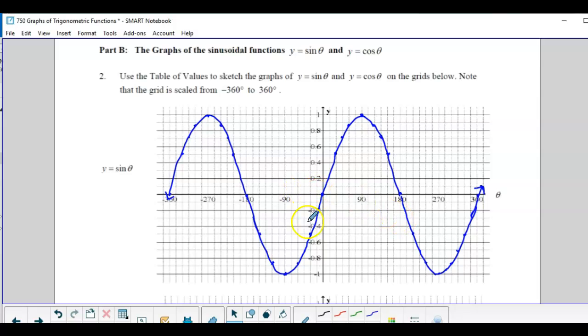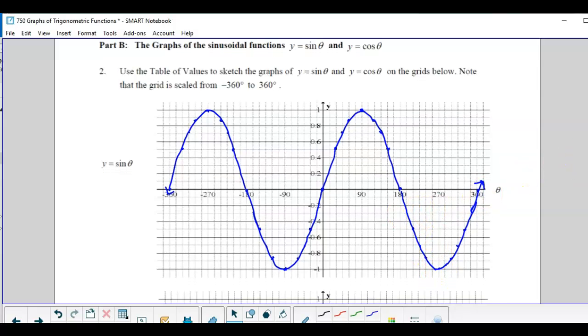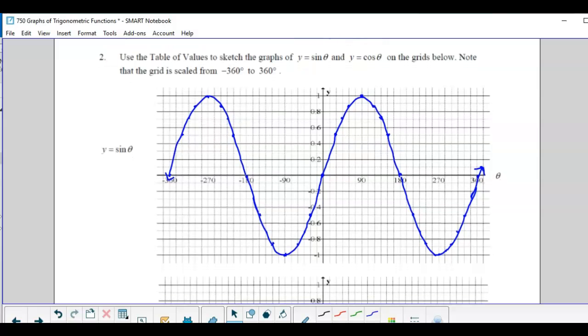And then you can see another 360 there. They're split equally apart, so one hill has a length of 180 degrees, one valley has a horizontal length of 180 degrees. Maximum value is 1, minimum value is -1. Okay, so that is the graph of y equals sine theta.